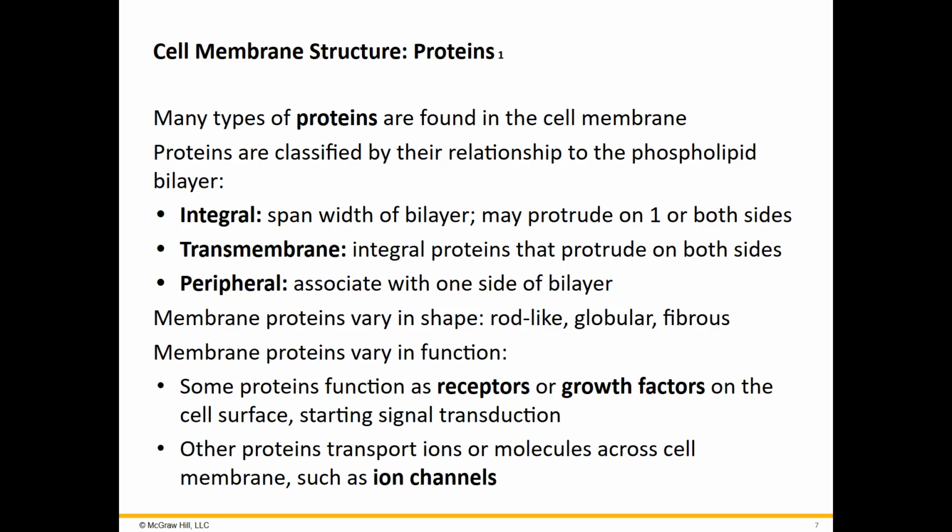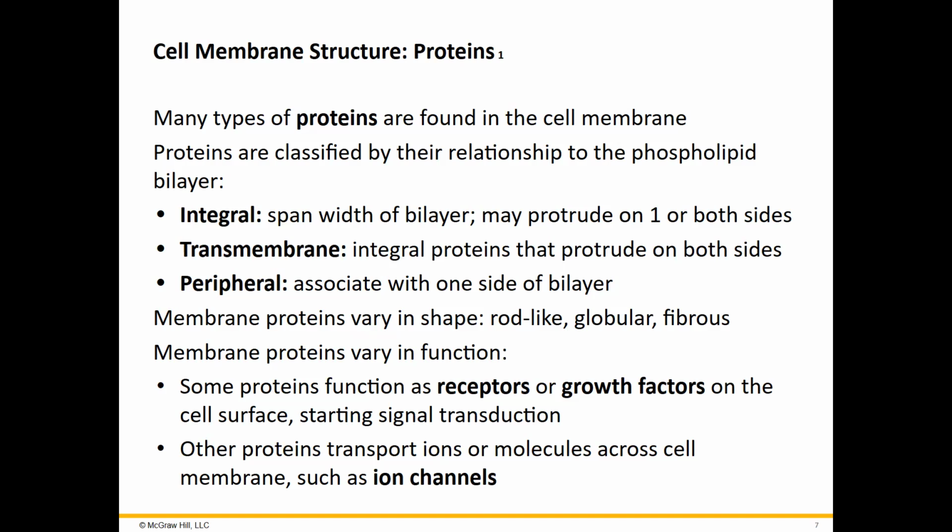Don't worry about what the membranous proteins look like. Just know that some of these proteins function as receptors or growth factors, okay? The receptors are going to be things that detect stuff on the inside or outside of the cell and then help it move across it. And then growth factors are responsible for helping build and repair the cell membrane.